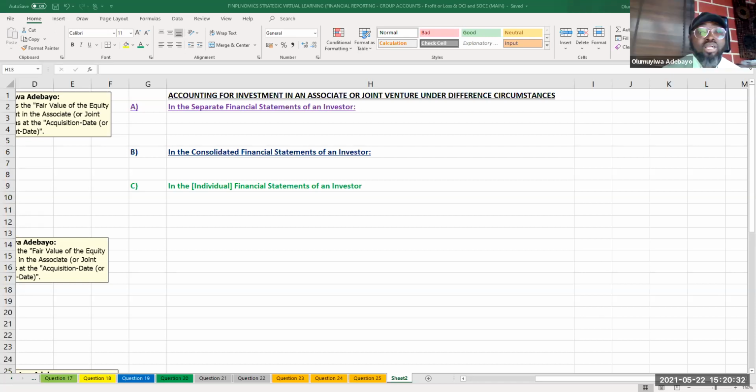What distinguishes the separate financial statement of an investor from the consolidated financial statement of an investor and from the individual financial statement?